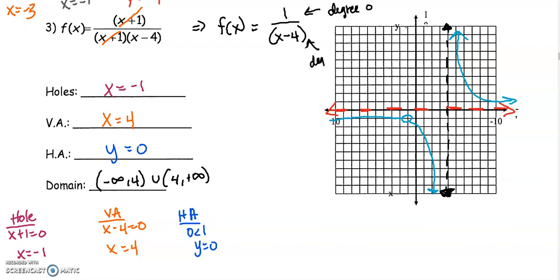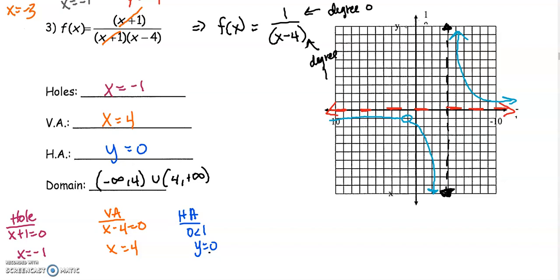This degree is 1. When the numerator degree is less than the denominator, it's y equals 0 for my horizontal asymptote. My vertical, I'm setting that denominator equal to 0. I'm getting 4. And so then that 4 is in my domain, negative infinity to 4, and then 4 to positive infinity. So we're pausing at 4 there.